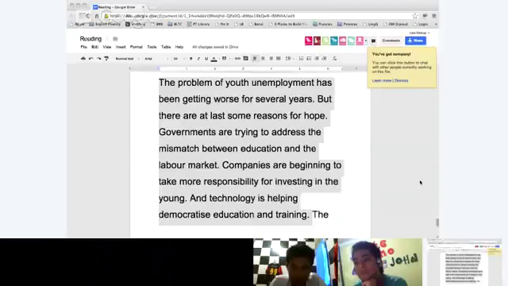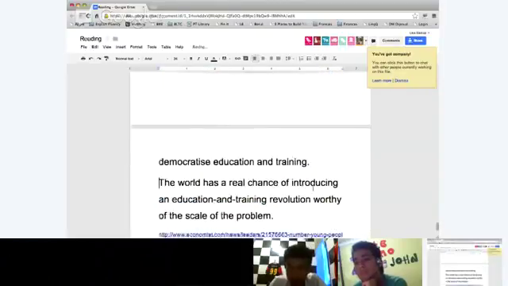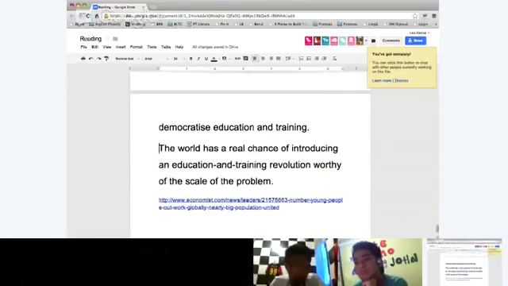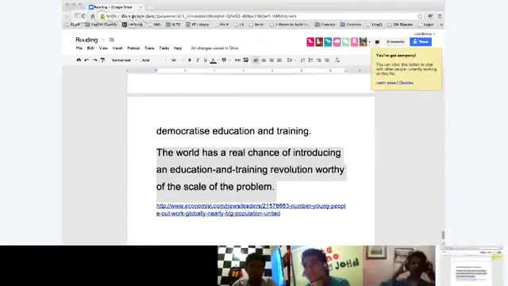Companies are beginning to take more responsibility for investing in the young, and technology is helping democratize education and training. The world has a real chance of introducing an education and training revolution worthy of the scale of the problem.